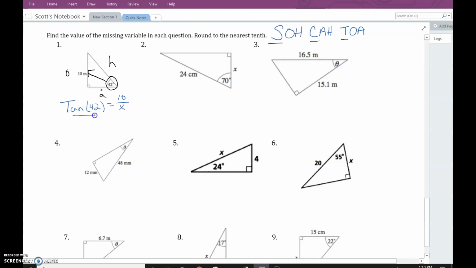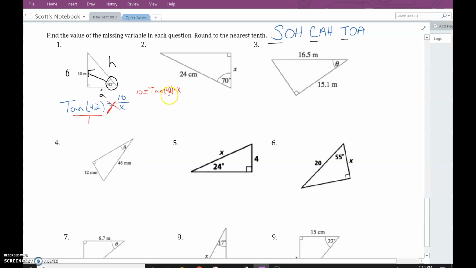I can cross multiply, going diagonally: 1 times 10 is 10, equals tangent 42 times x. Or you can write it x tangent 42, which would be the exact same thing.